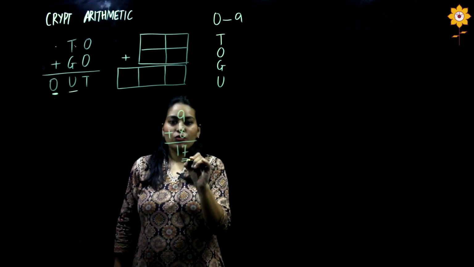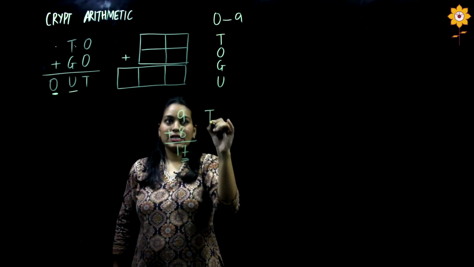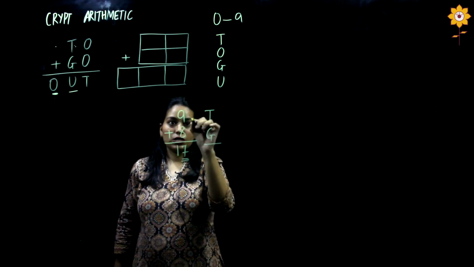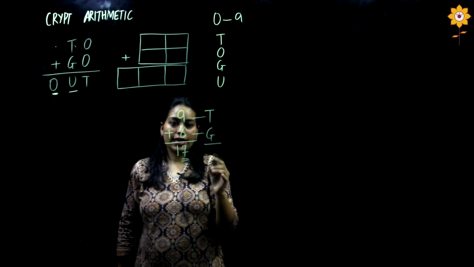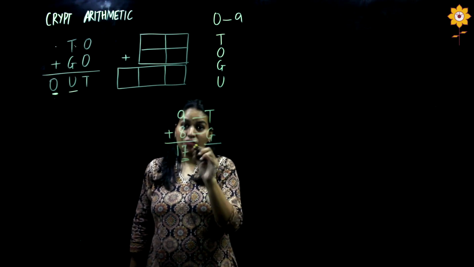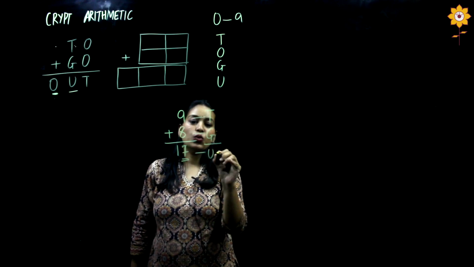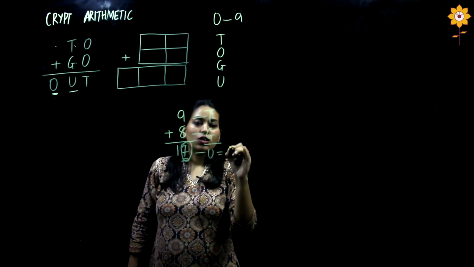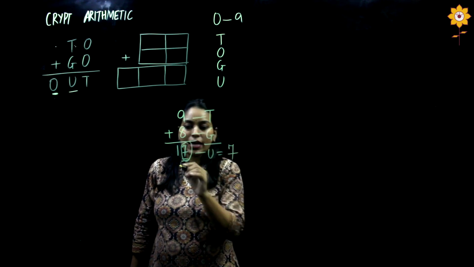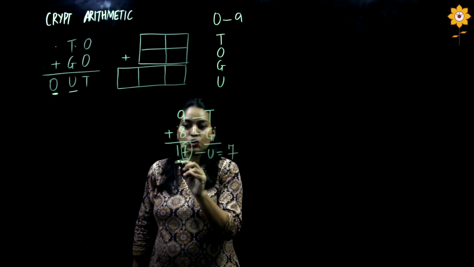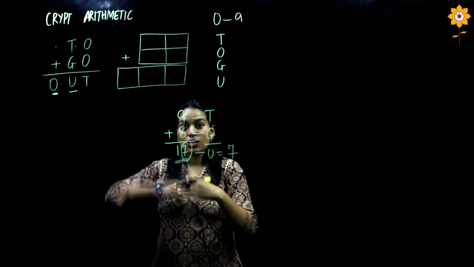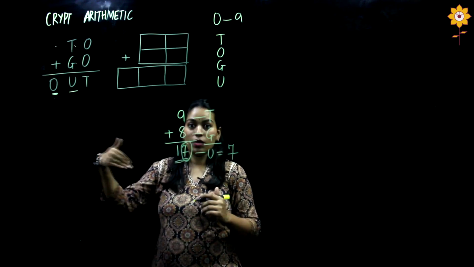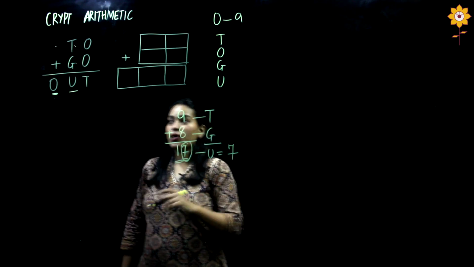So 7 will be assigned, let's say this is T and G, so T is 9 and G is 8. What is the value of U here? U is not 17. U is only this 7 which is at the units place. And this 1 in the tens position is the carry that is given to the next column.